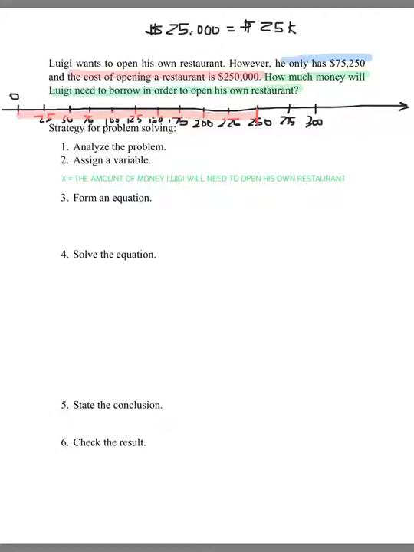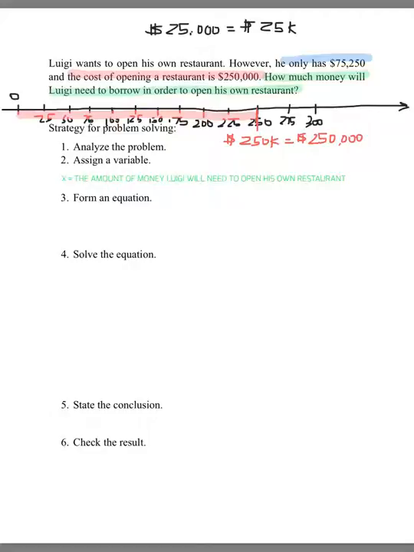So that's right here. And that's 250K, which equals 250,000. And that's the amount of money that Luigi needs to raise in order to be able to open up his new restaurant.